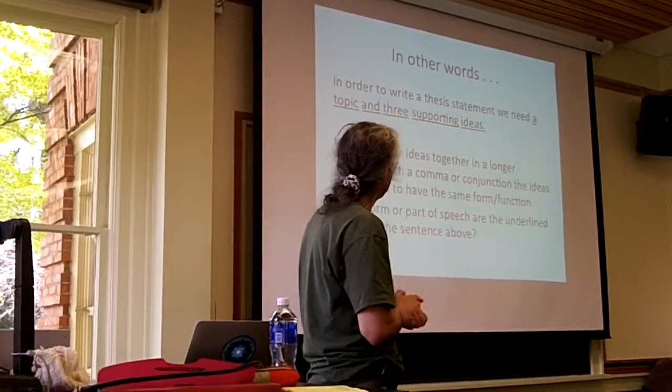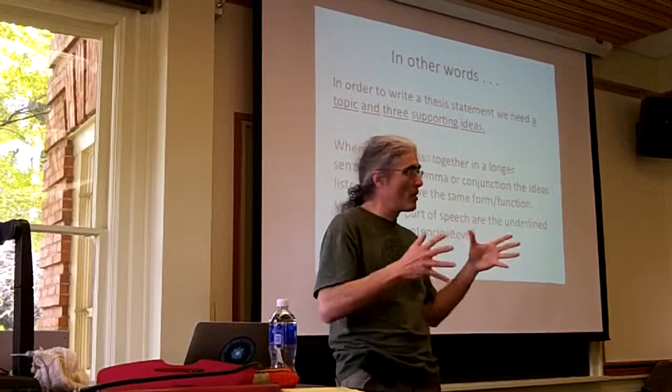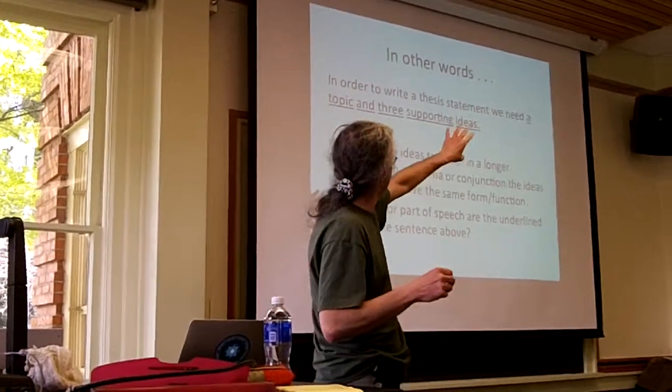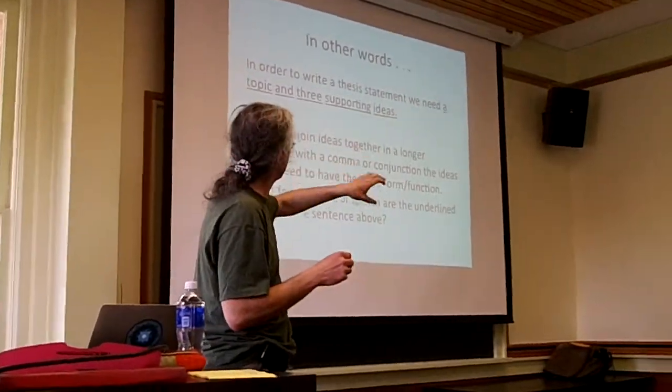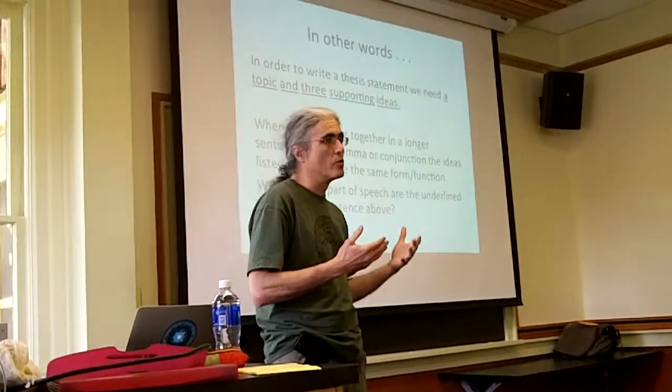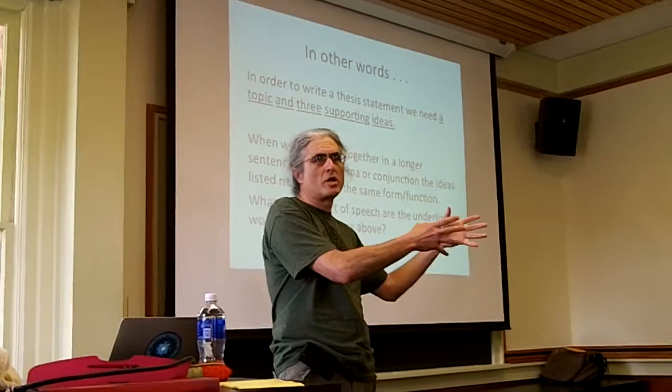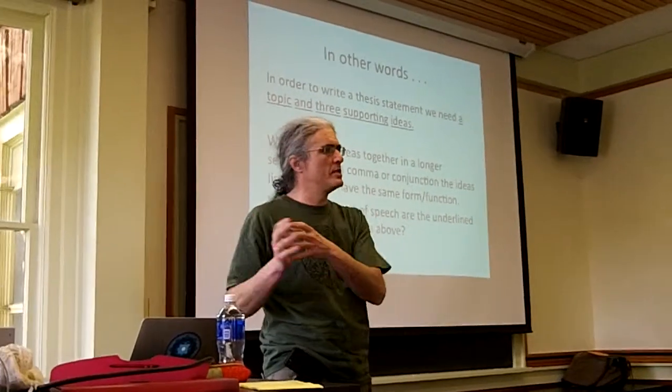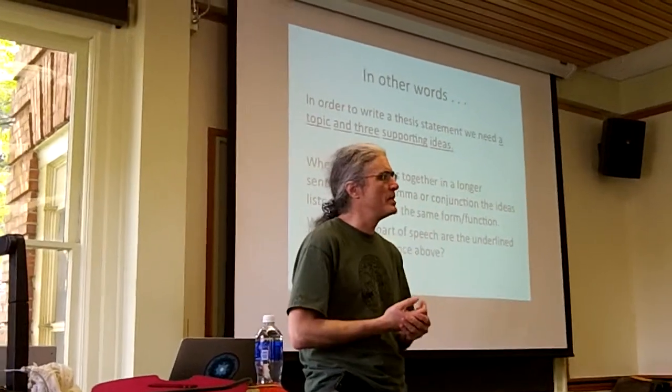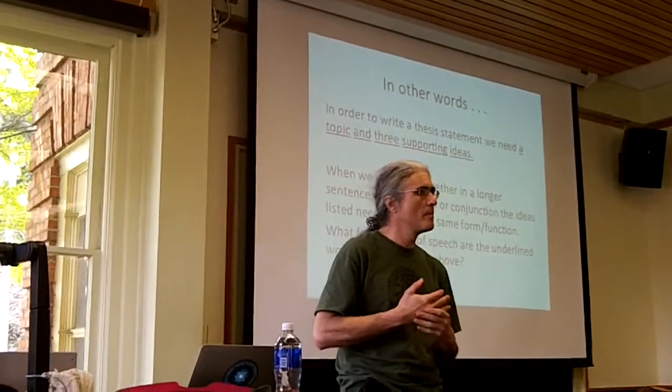And when we join ideas together in a longer sentence with a comma or conjunction, the elements listed in the sentence have to have the same grammatical form or function. So for the underlined parts of the sentence, a topic, and 3 supporting ideas, what form or part of speech are the underlined words? What would you call it? Topic or supporting ideas? What part of speech?